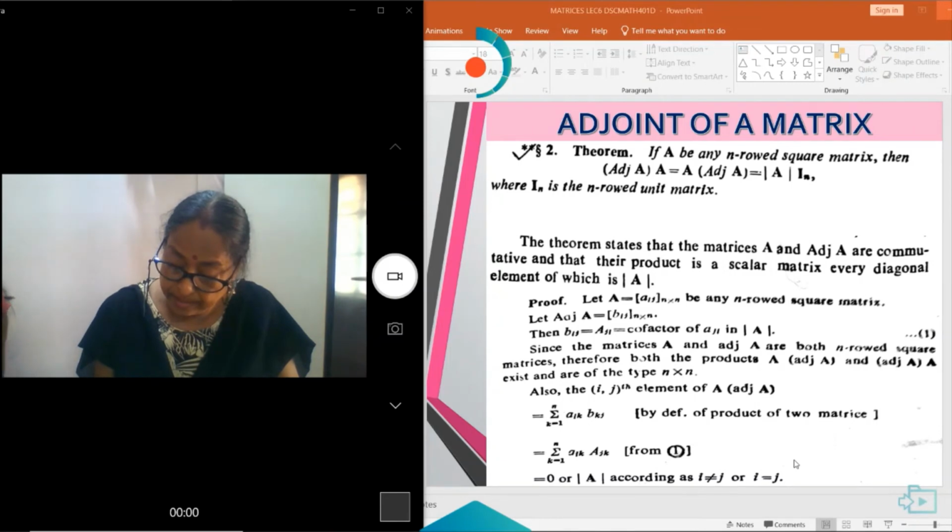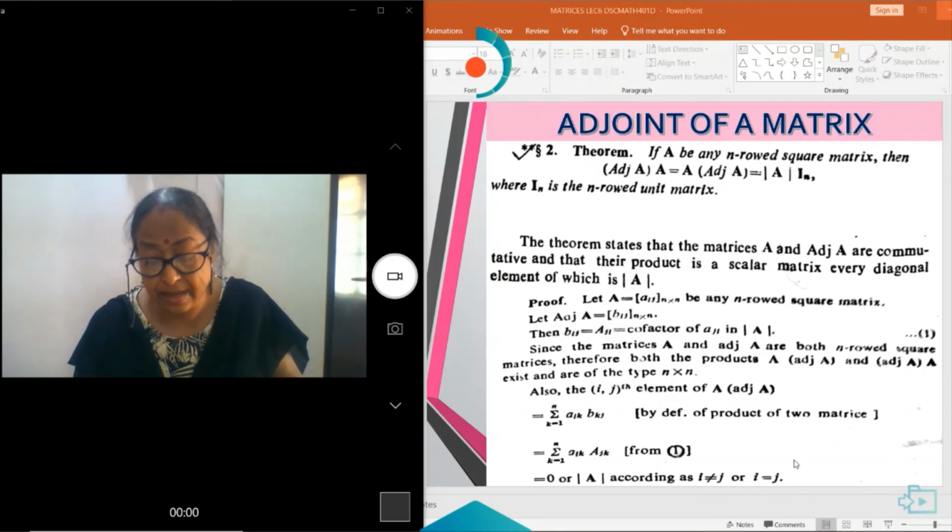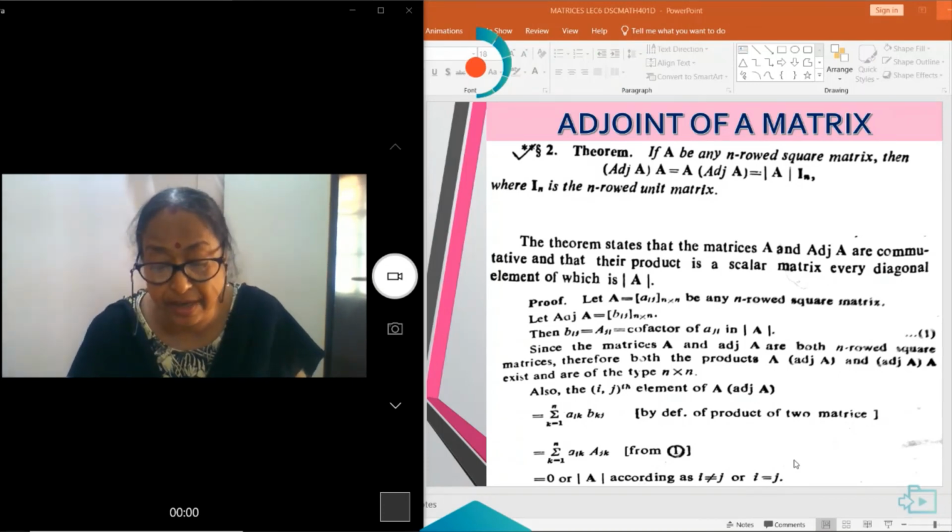The theorem states that the matrices A and adjoint A are commutative. Commutative means when AB is equal to BA, then we say that A and B are commutative. Their product is a scalar matrix, every diagonal element of which is determinant of A.